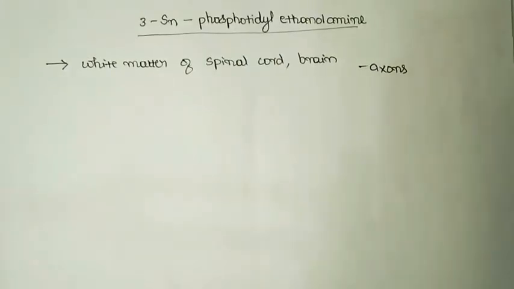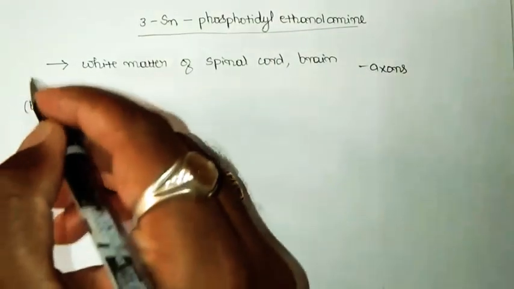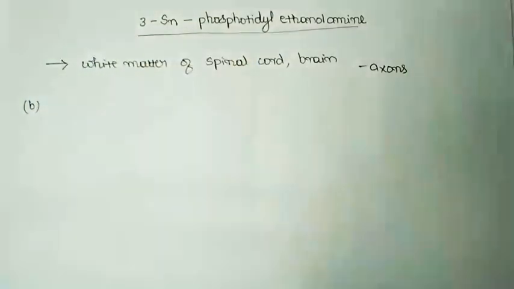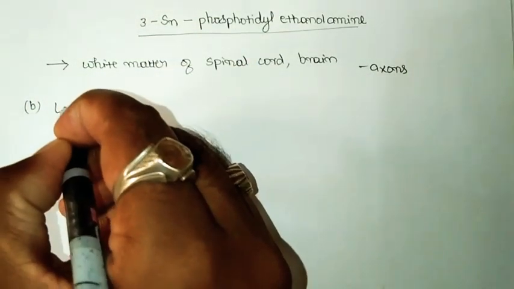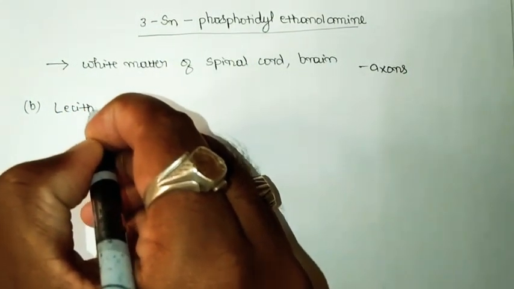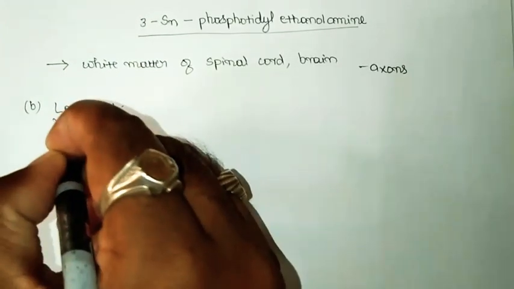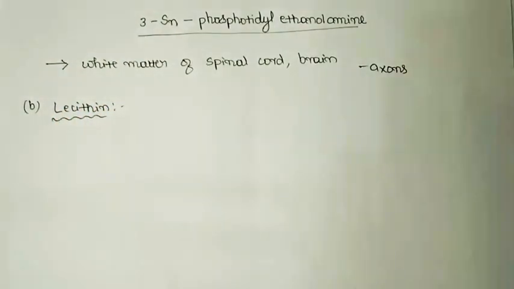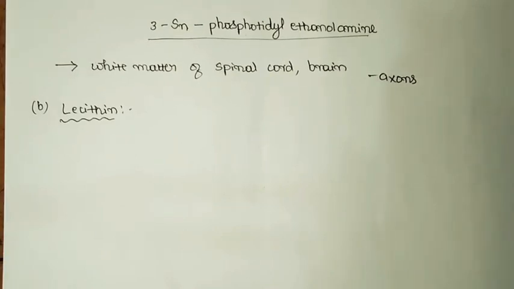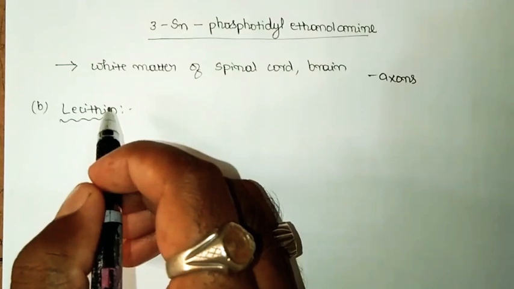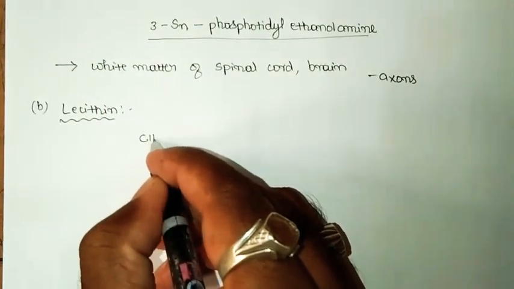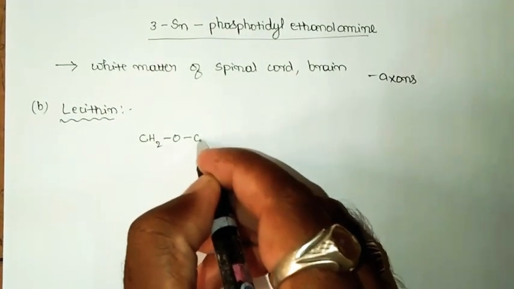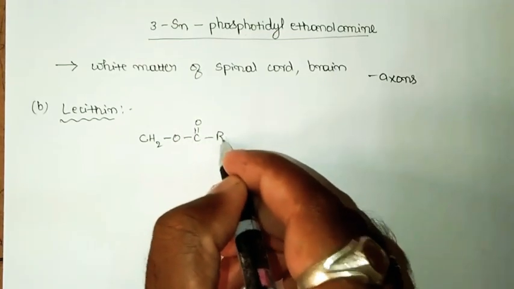Now we shall go with the second example of phosphoglycerides. Number 2, it is lecithin. Lecithin has the structure CH2O, C double bond O, R1.